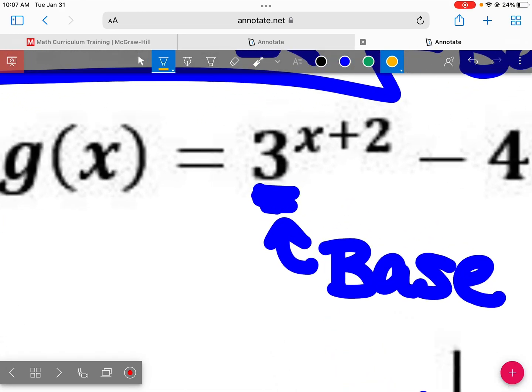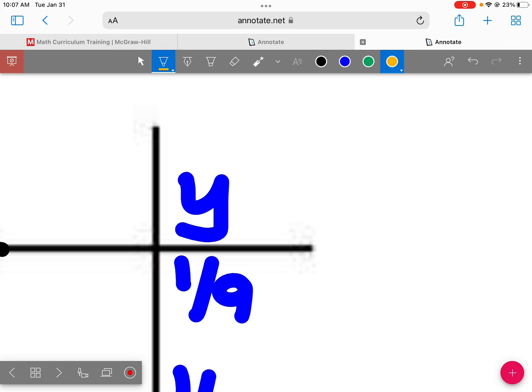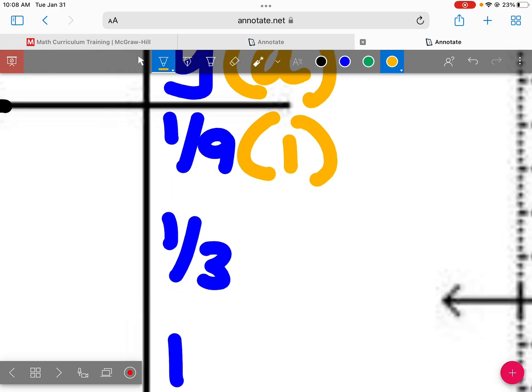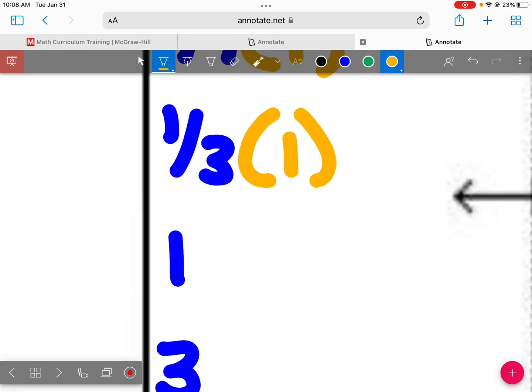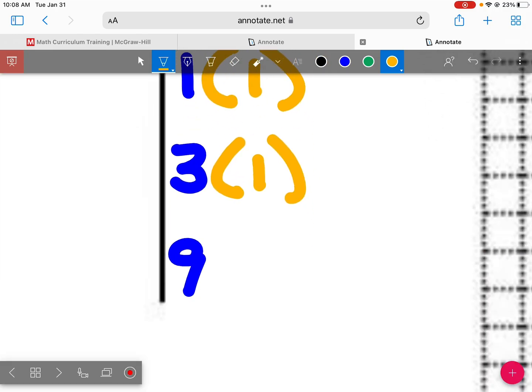What did we say our a value was here, since I don't see anything in front of the base? a is 1. We take that a value and we multiply it to which side of our table? a value always gets multiplied to my y's. So I'm multiplying everybody here by 1. Will that do anything to these values? No. That's why a is 1 when I don't see it. It doesn't make any changes.